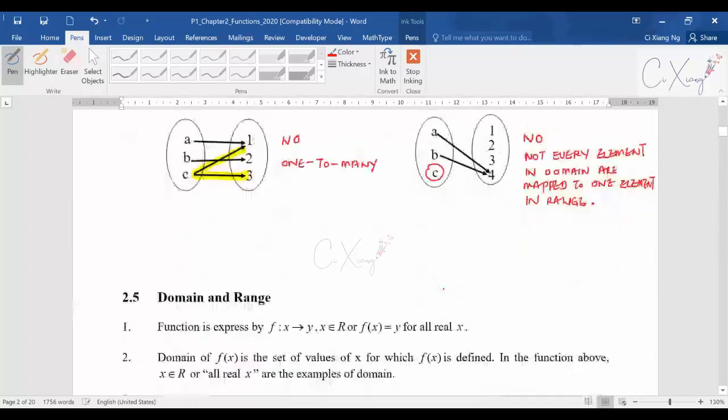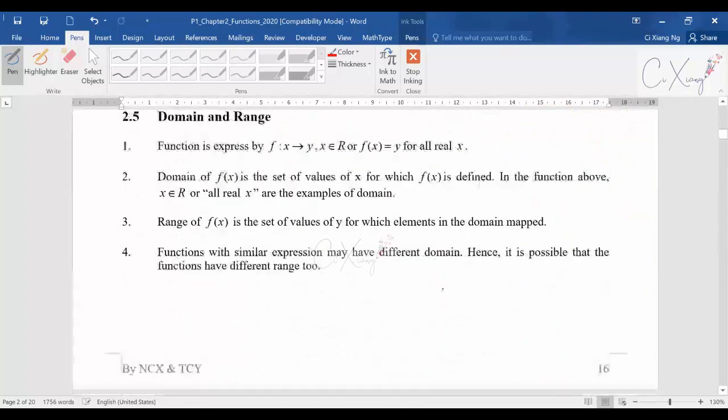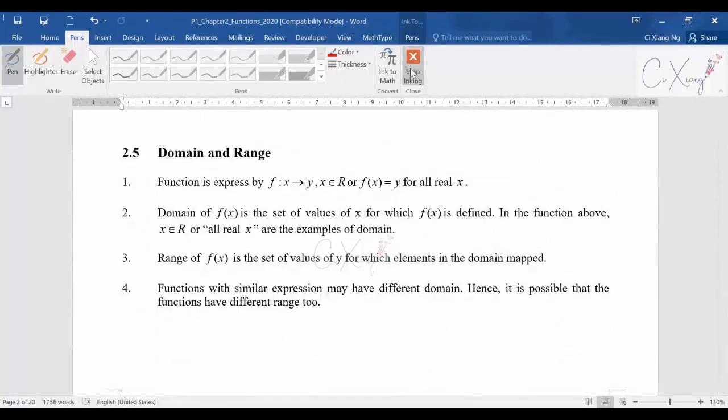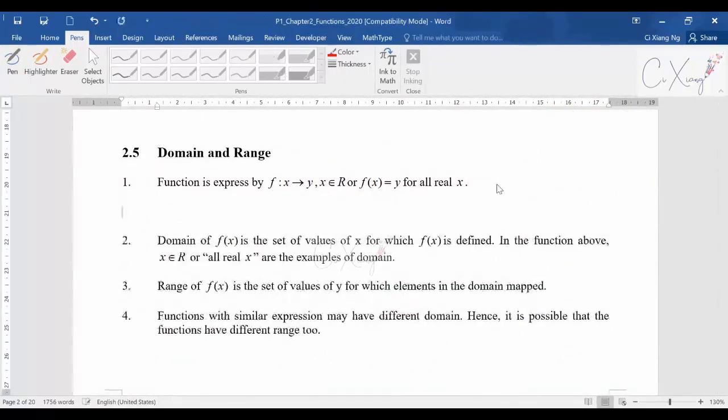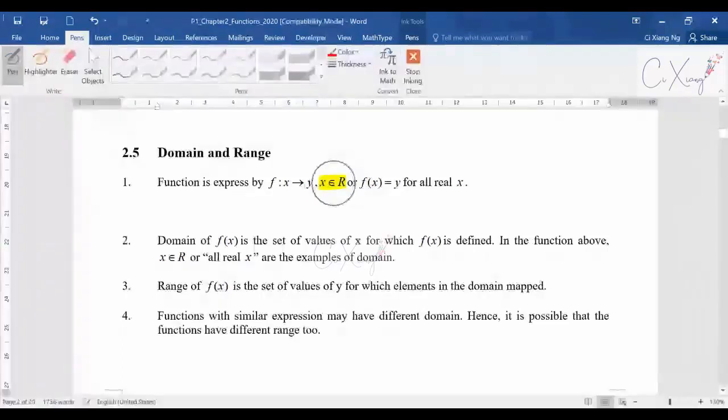Right, so when we come to the next part, which is very important, let's talk about the domain and range. For the domain, from now onwards, when you read an exam question related to a function, you will see that after the expression of the function, they will put a comma followed by some value of x, like this highlighted one.